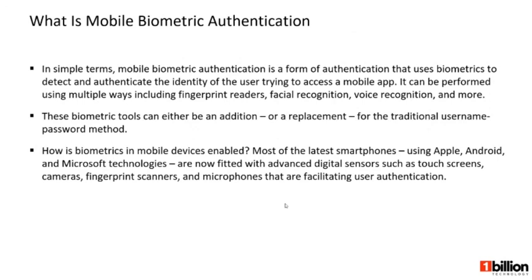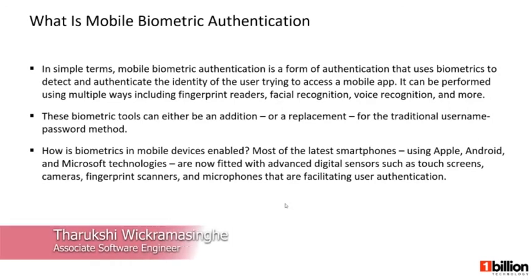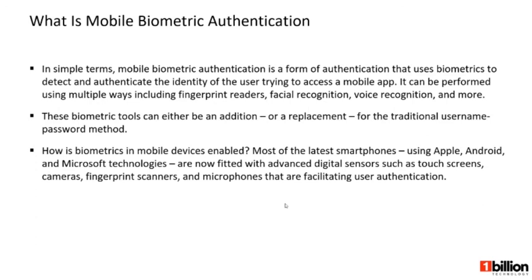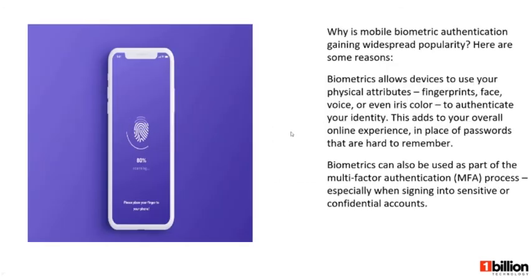So how is biometrics in mobile devices enabled? Most of the latest smartphones using Apple, Android, and Microsoft technologies are now fitted with advanced digital sensors such as touchscreens, cameras, fingerprint scanners, and microphones that facilitate user authentication. So why is mobile biometric authentication gaining widespread popularity? Here are the reasons.